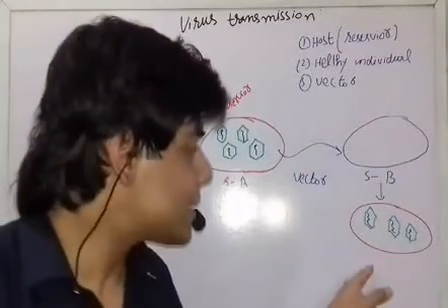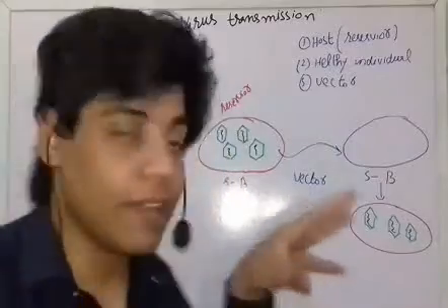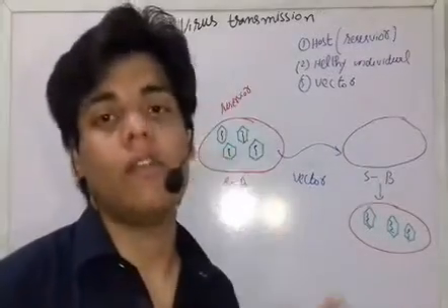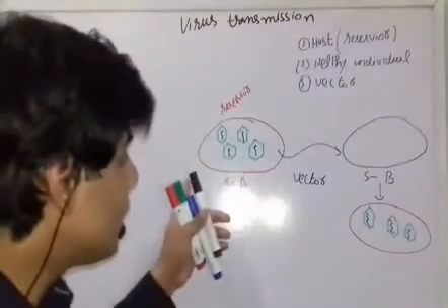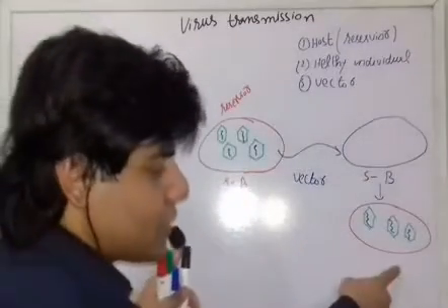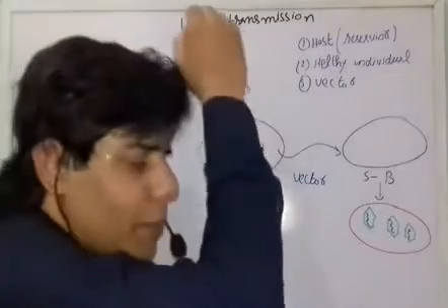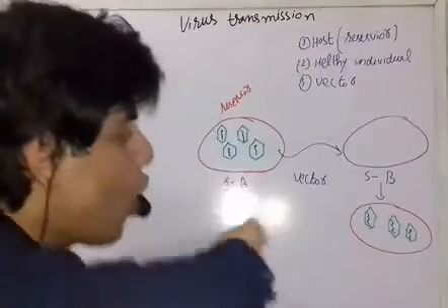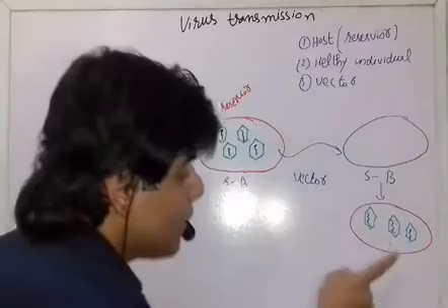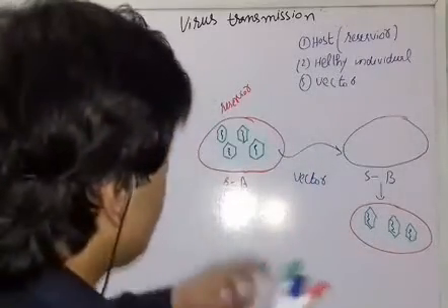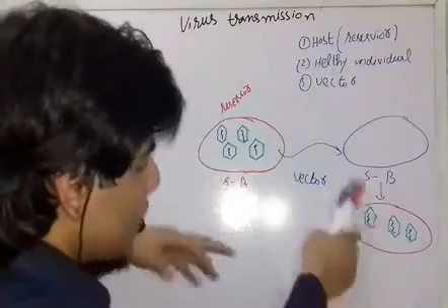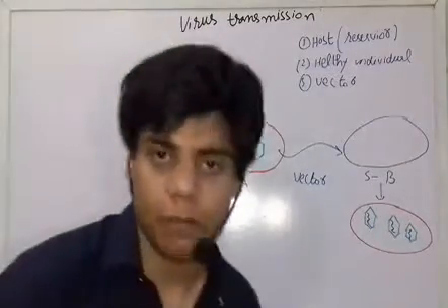But the healthy host, when it gets the infection, gets the viruses. We cannot say that this is a reservoir, because a reservoir may or may not contain viruses, but this one gets the viruses. So that's why we can differentiate specimen B from specimen A.